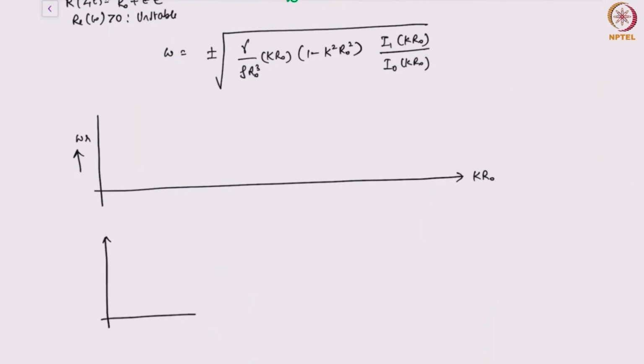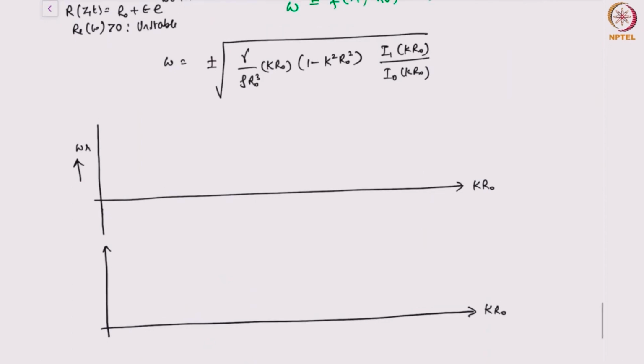I want to plot the imaginary part of omega naught here. So the real part of omega naught, if you can clearly see this expression, it's for k r naught less than 1, the real part of omega is greater than 0.